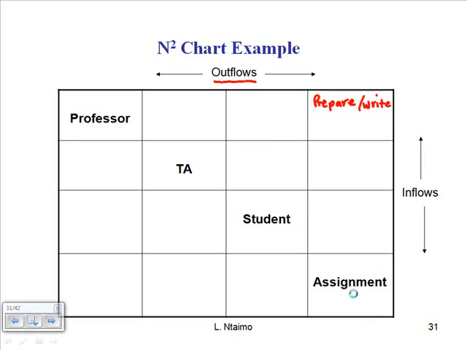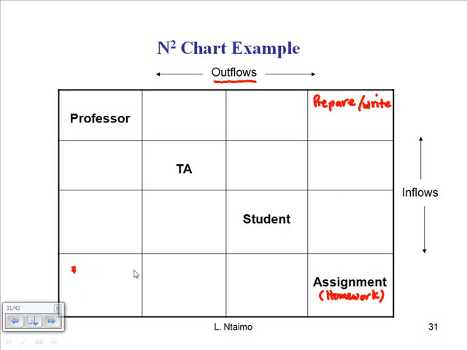So assignment is something such as homework. And what's the feedback from the assignment to the professor? There may be some interchange between the assignment and the professor, or there may not be. Okay, so I'll leave this one blank for now.